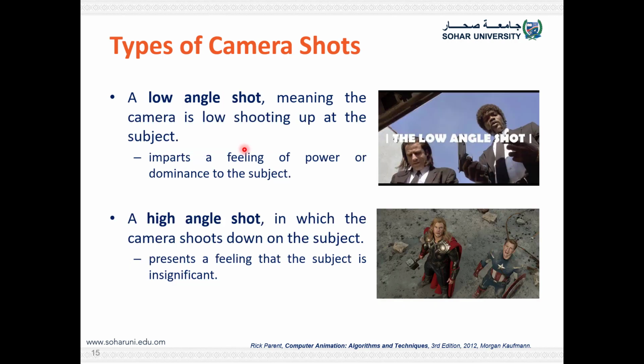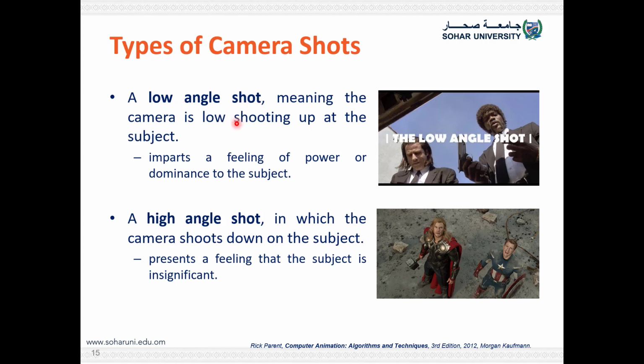Now let us talk about these 2 types of camera shots. One is called low angle shot and the other high angle shot. Again, we need to understand 2 things about each type: the position of the camera and why this position.